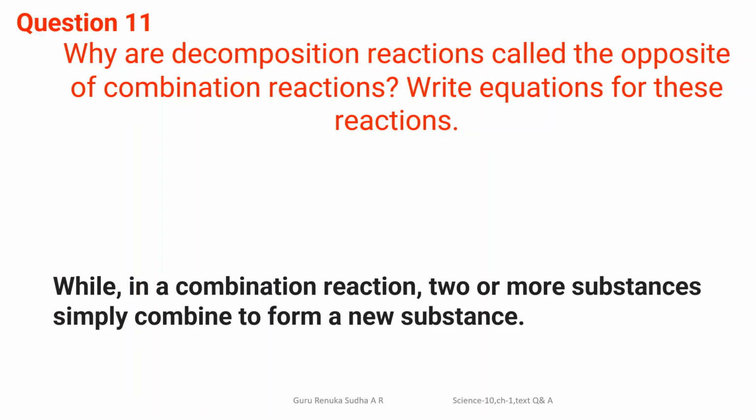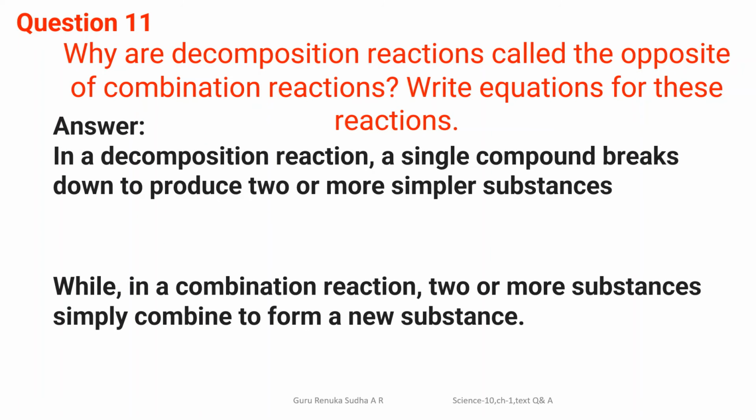Answer: in a decomposition reaction, a single compound breaks down to produce two or more simpler substances. While in a combination reaction, two or more substances combine to form a new substance. After knowing the definitions, you can say that decomposition and combination reactions are opposite types of reactions.